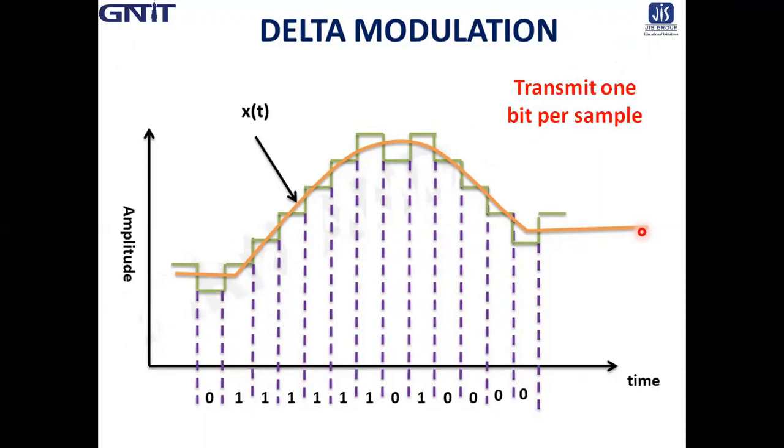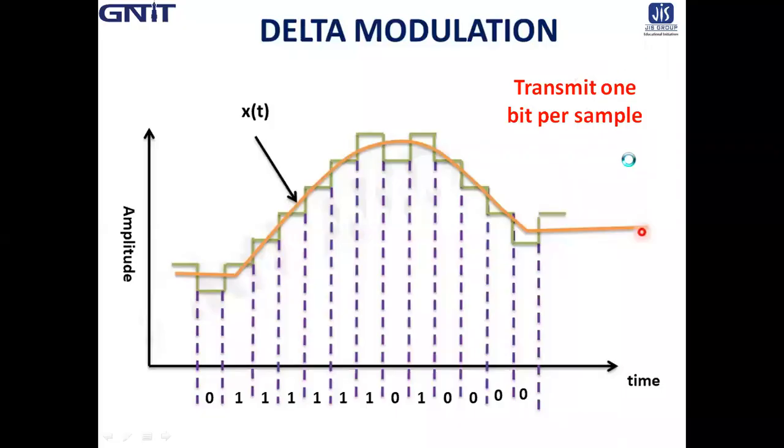Now obviously the advantage is bandwidth reduction. The bandwidth of the delta modulator is only fm because it only transmits 1 bit per sample.